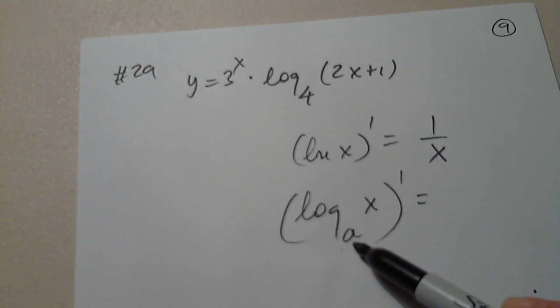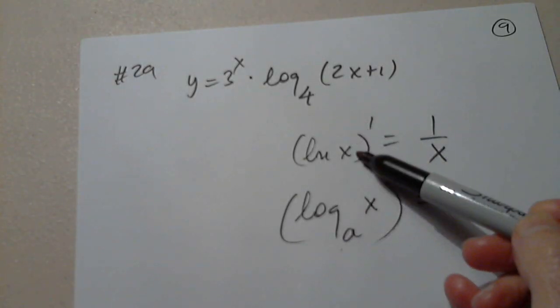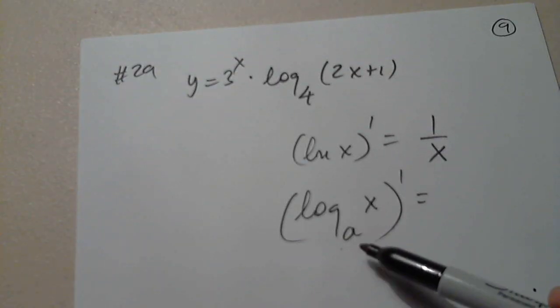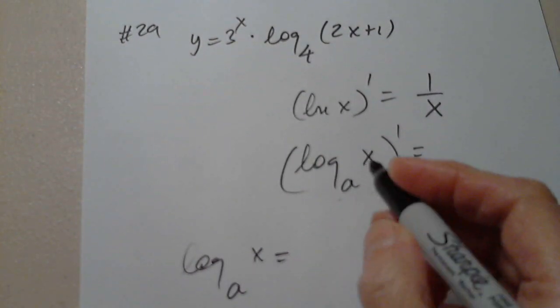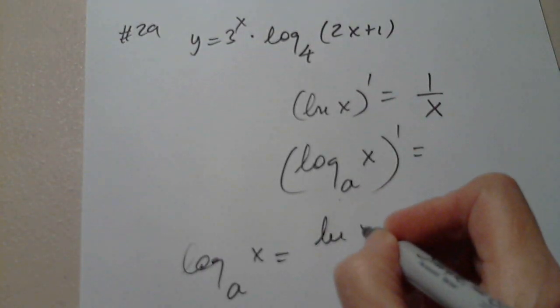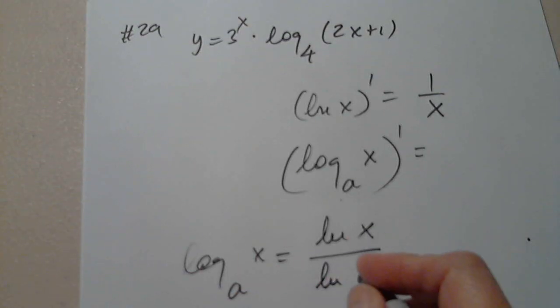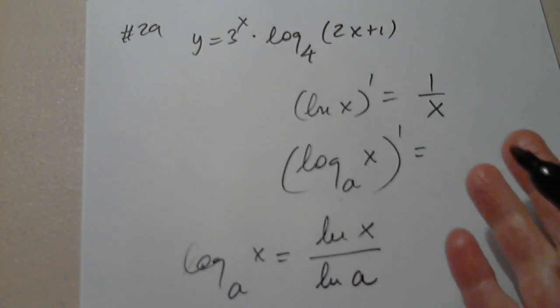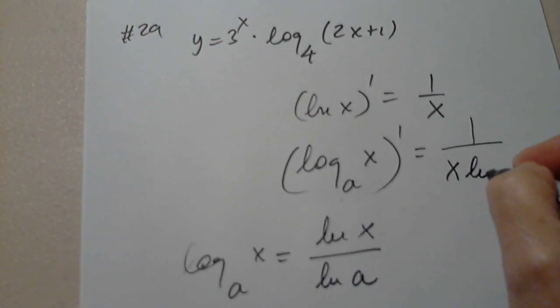But what has to be done is we have to change the base into natural log. And there is a very simple change of base formula. So log base a of x with natural log will be natural log of the number over natural log of the previous base. So that's why the formula when we differentiate this is 1 over x natural log a.